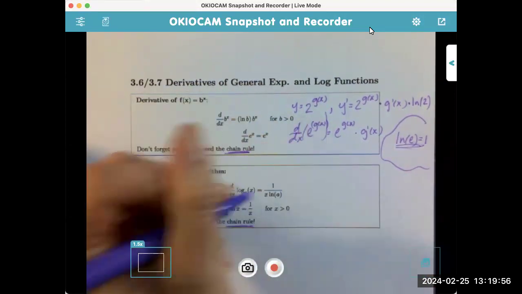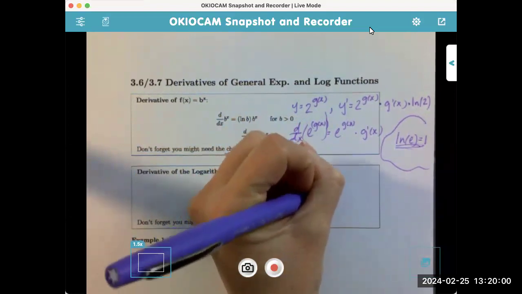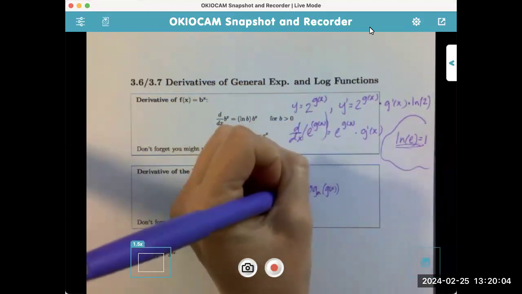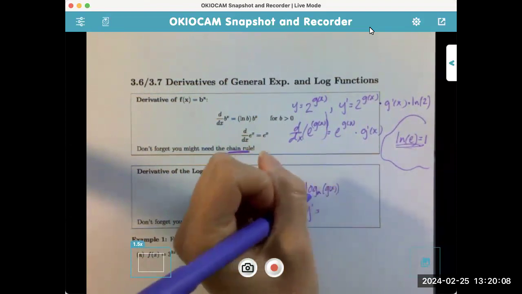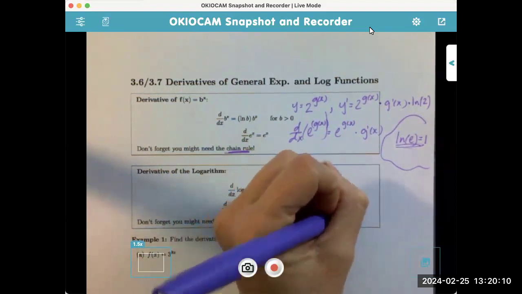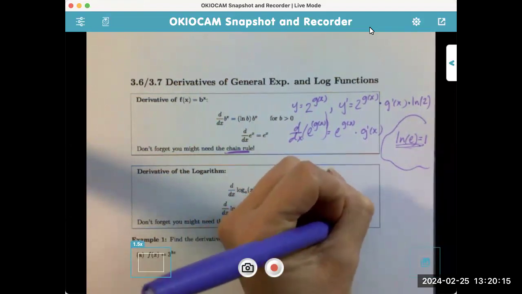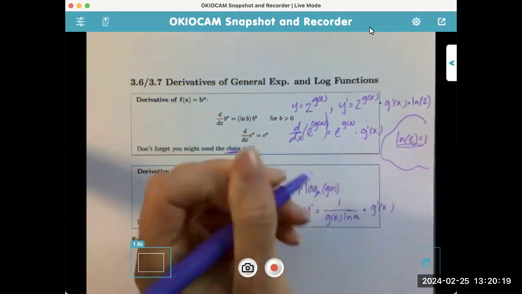If it is the log base a of g of x, with y equal to that, then y prime is 1 over g of x times the natural log of a, times g prime of x.